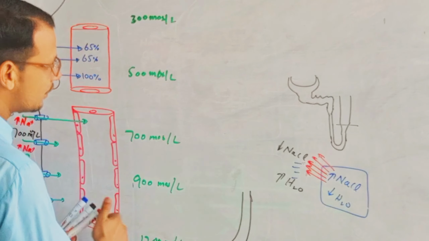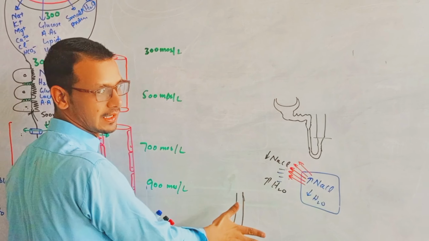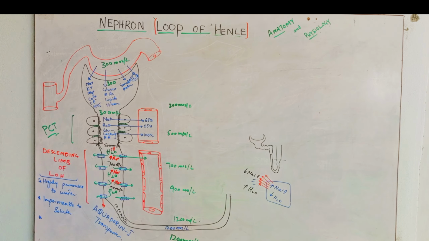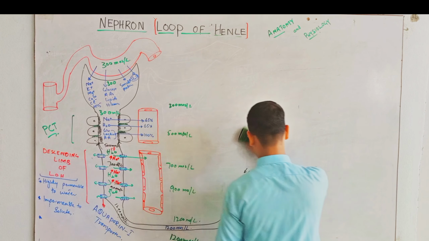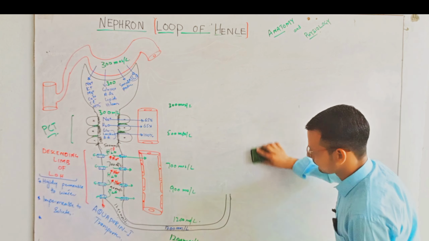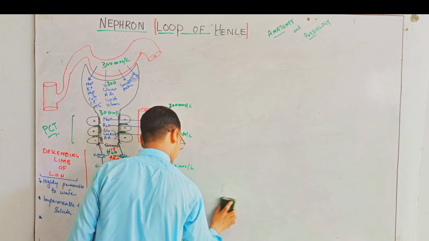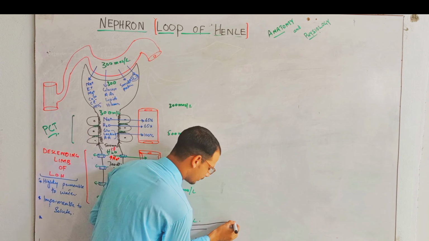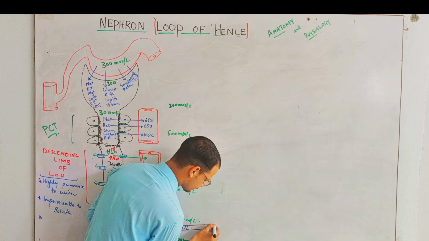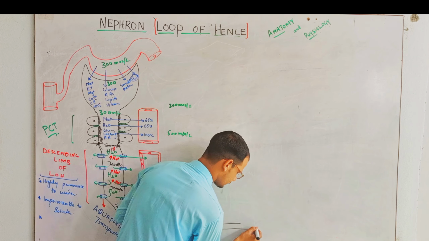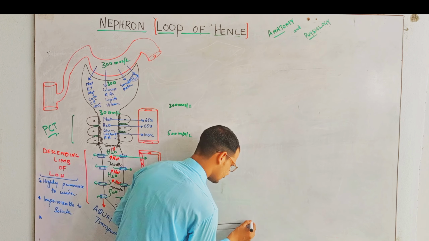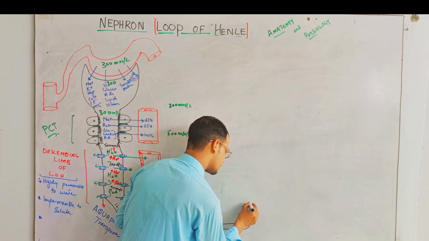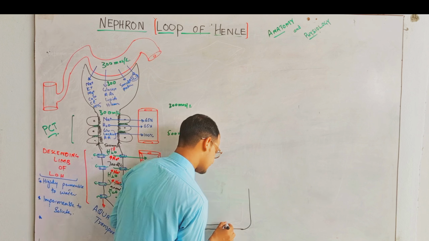So now we will discuss this area of loop of Henle, which is the ascending limb. For example, this is the ascending limb of the loop of Henle. The first part of loop of Henle is the narrow part.